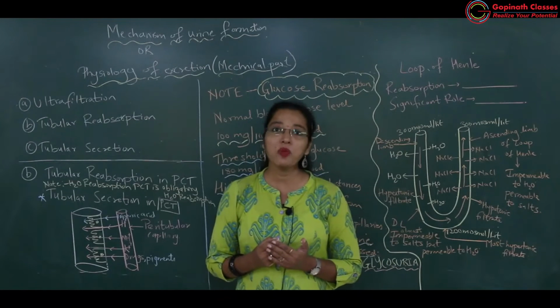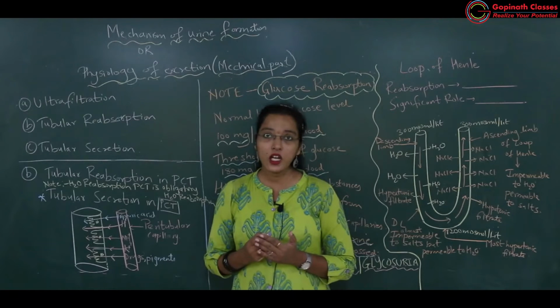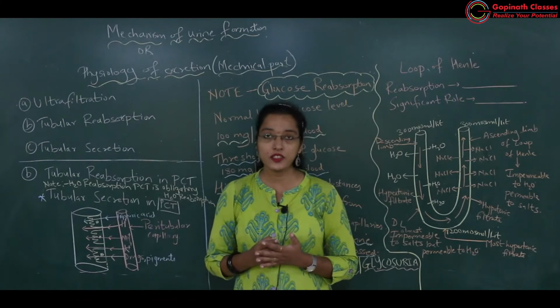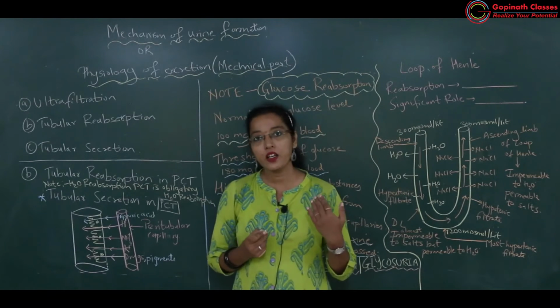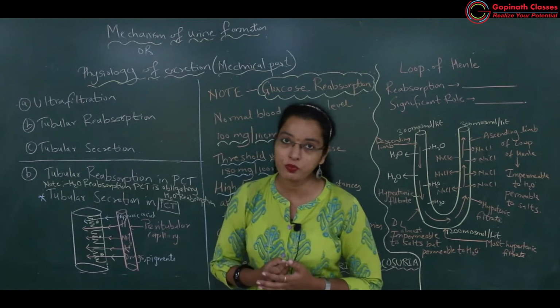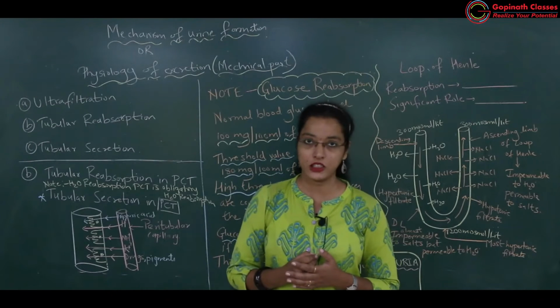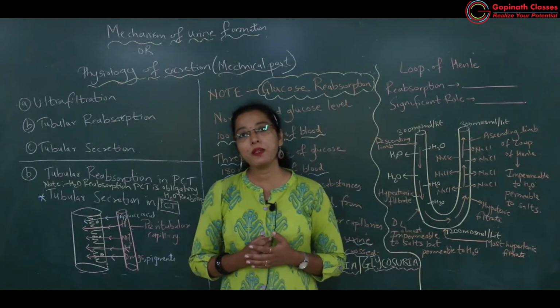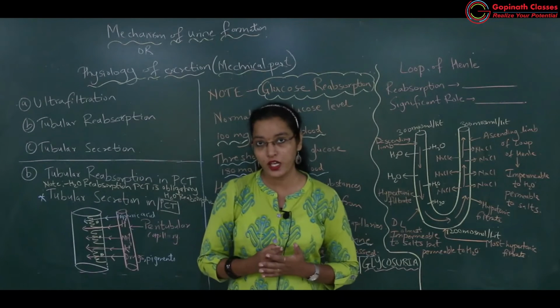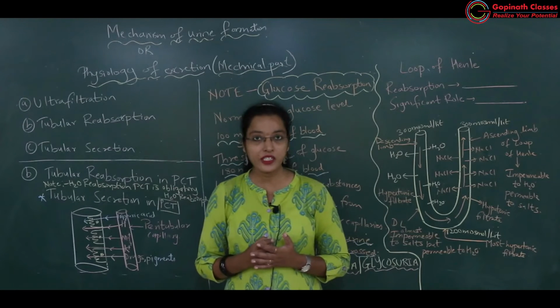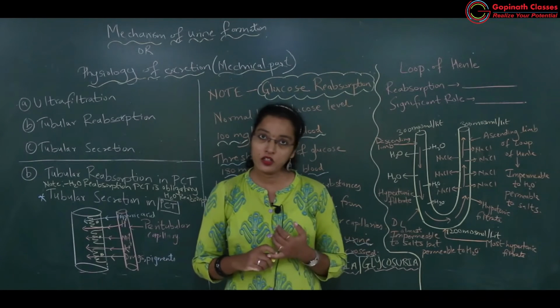Okay, last time we learned which are the substances which are actually reabsorbed in the peritubular capillaries from PCT. Okay, in PCT maximum reabsorption takes place. Why does it happen? We have learned that. Try to recollect.